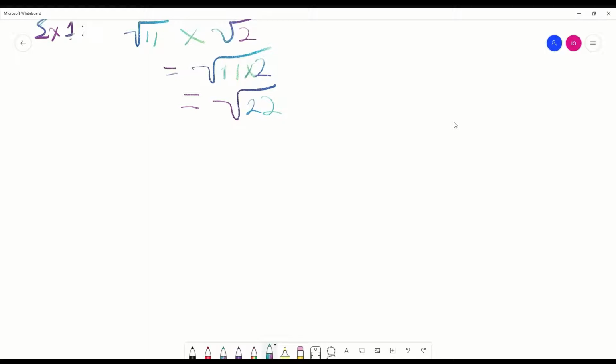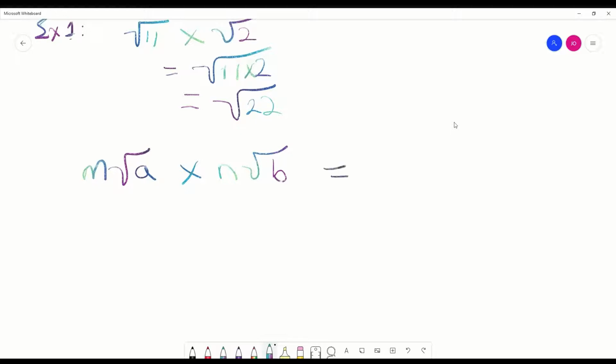So another approach we can use in solving multiplication problems using surds is what I call m root a times n root b.